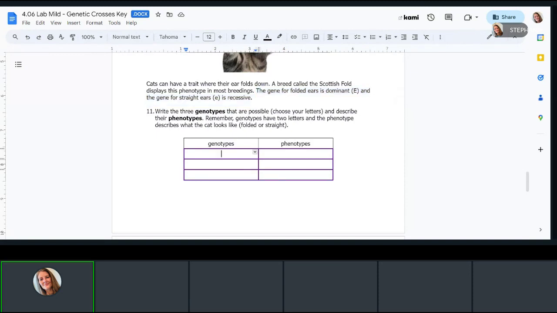So the genotypes are the genes, the phenotypes is how we see it. So big E, big E, little e.